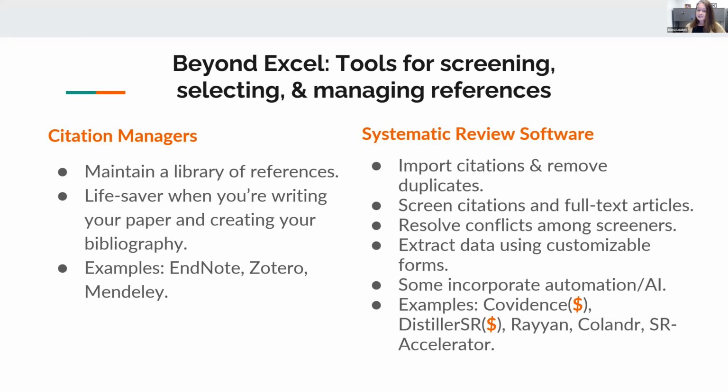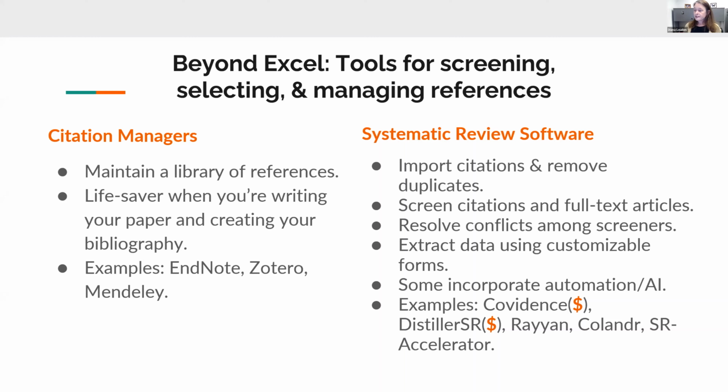I don't have experience with some of these that I have listed here, but at the end of the presentation, there are a few references on comparing the different systematic review software packages. And I'll just mention that some are free and some are not free.